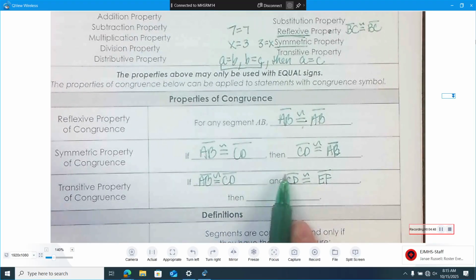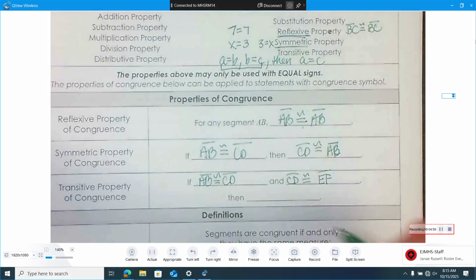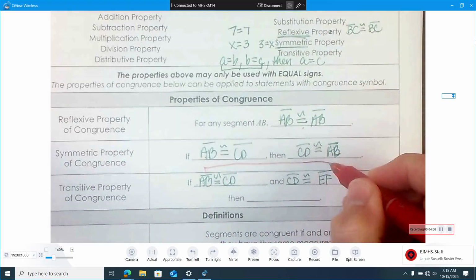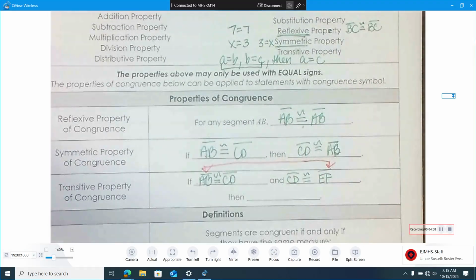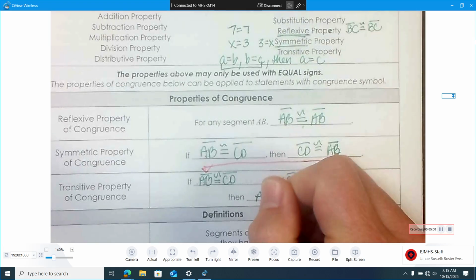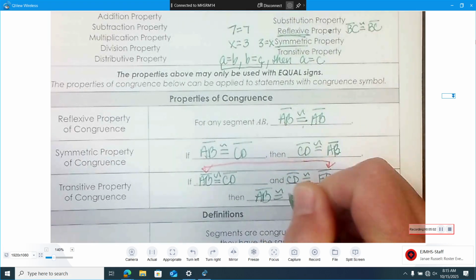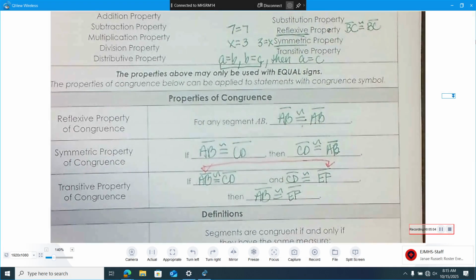AB, CD, CD, EF. Then what can we conclude? Segment AB gets to link up with segment EF. So segment AB is congruent to segment EF. Again, same properties. We can just replace that equal sign with a congruence, and they all still work with our geometric figures.